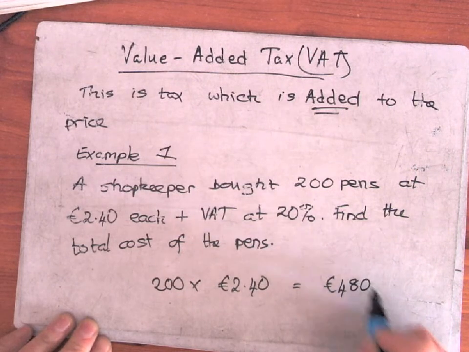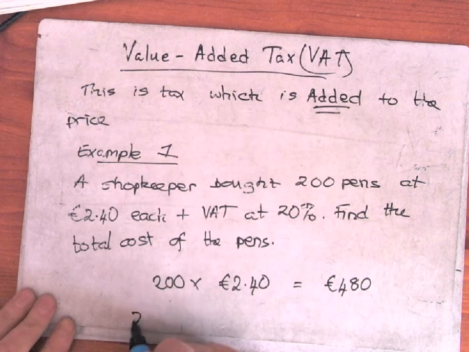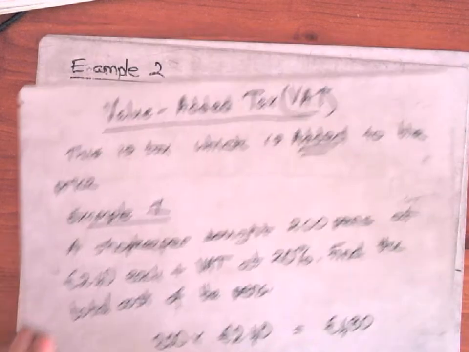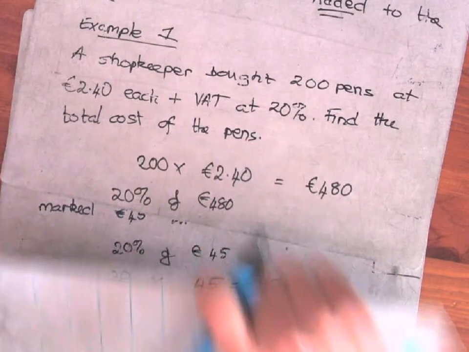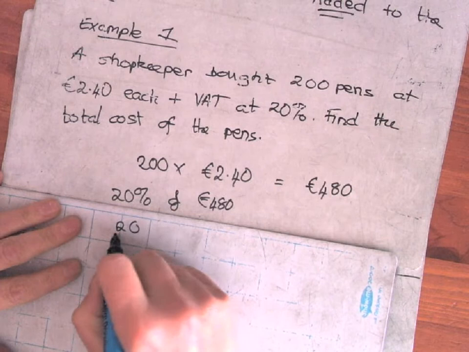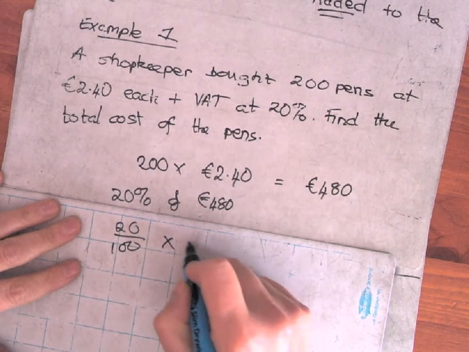Now you have to add on VAT at 20%. So you get 20% of €480. So that means you get 20 over 100. Of means you multiply by 480.